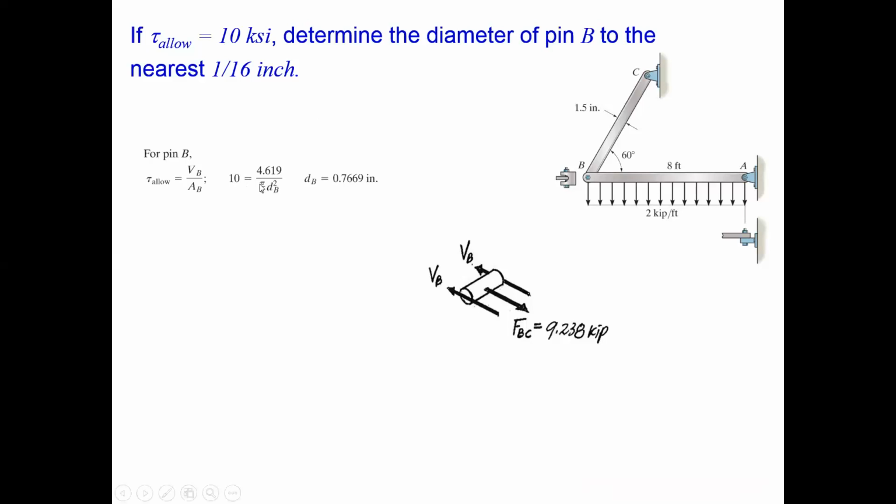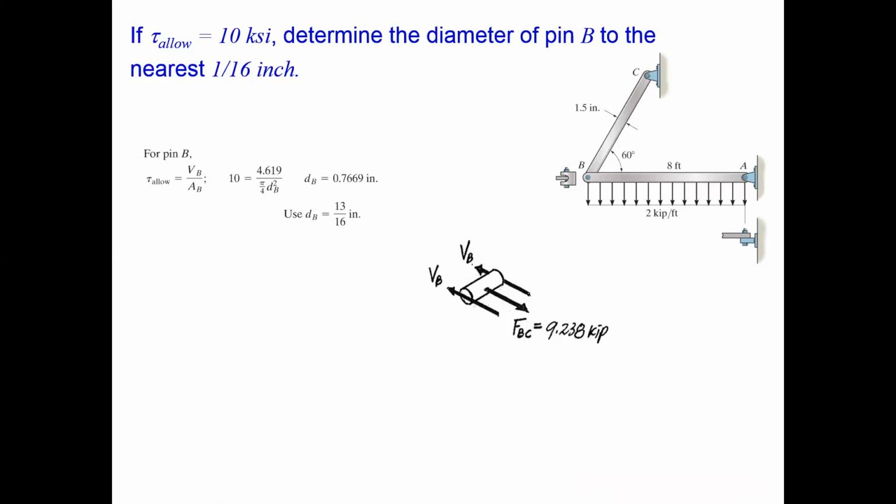And if you square that and multiply by pi/4 and put that in the denominator, you will calculate a value less than 10. So hopefully that now answers the question that you must specify the 13/16. You have to use that to make sure that your stresses are below the 10 ksi.